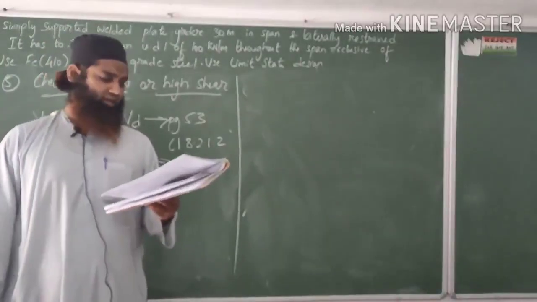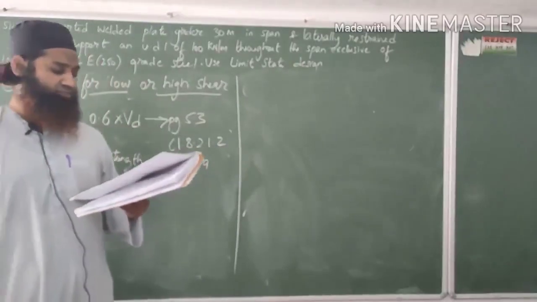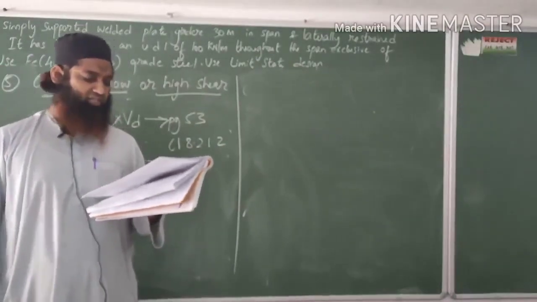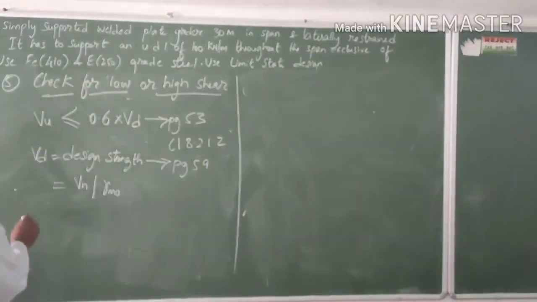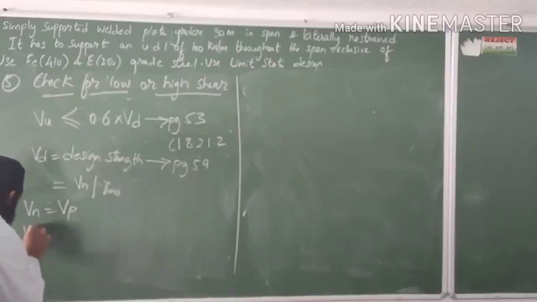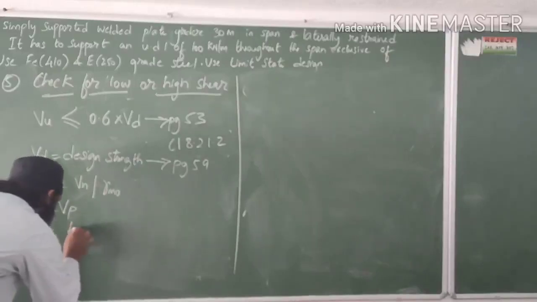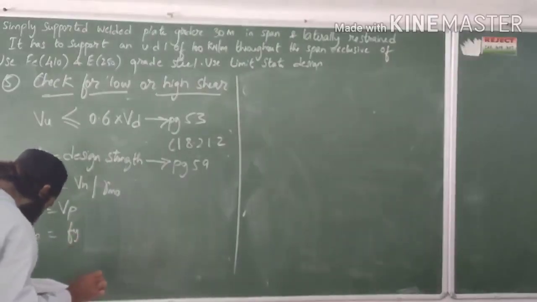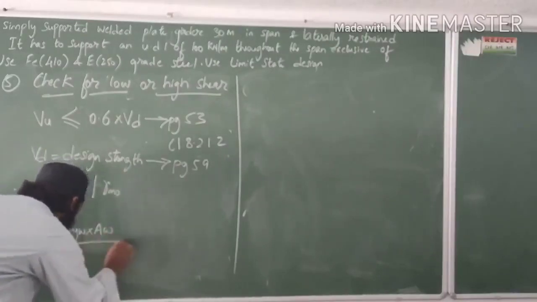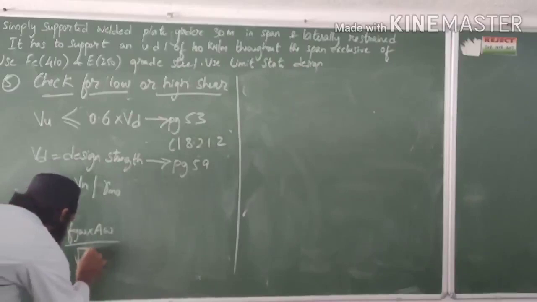So Vd is equal to Vn by gamma m0. Gamma m0 is a partial safety factor, but Vn is given by Vp. Vn is equal to Vp, and Vp is equal to Fyw into Aw by root 3.